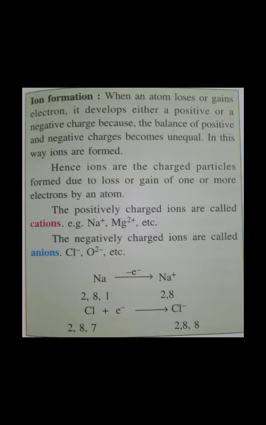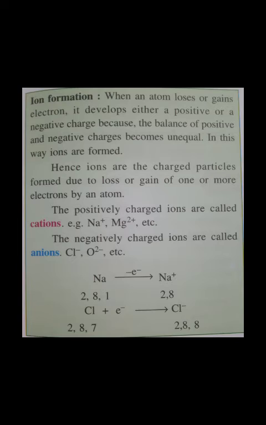But when an atom loses electrons, some negative charge is reduced, so the atom will become positive. If an atom gains more electrons, then negative charge increases, so overall it will have a negative charge on it. So these types of atoms are called ions.